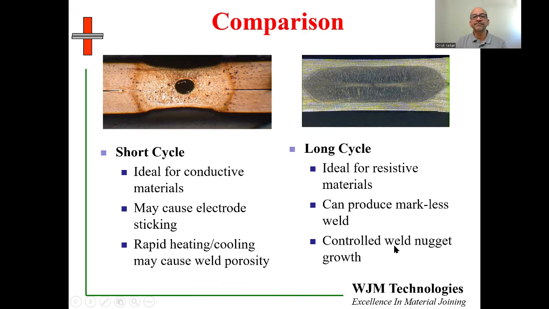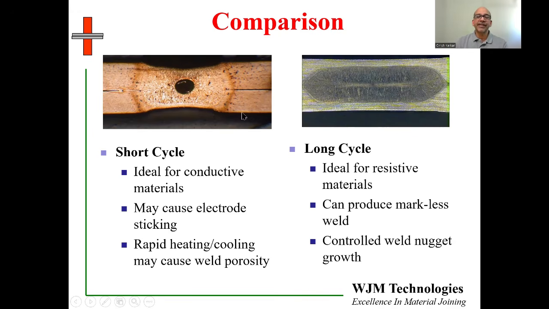of the weld nugget. So this essentially is the fundamental of how the heat is generated, where, in what quantity, in what distribution. So as an engineer, as a designer of this process, you will have to figure out which way you want to go, whether you want to go with a short cycle or a long cycle.